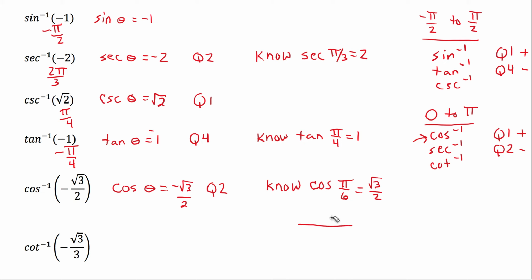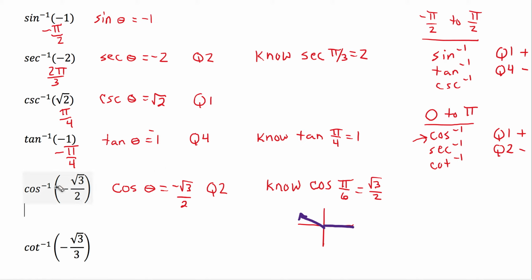So let's draw it. Pi over 6 is going to be like right here. I need it to be in quadrant 2, so I'm going to flip it over here. And then I'm going to figure out what that angle is. And again, if you know your angles, you know that that's 5 pi over 6.